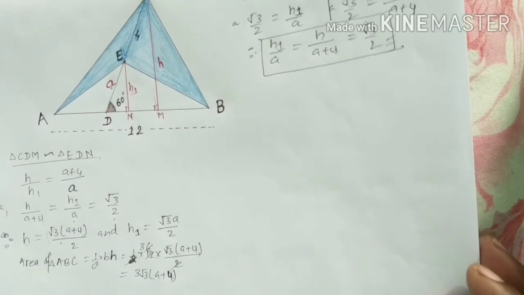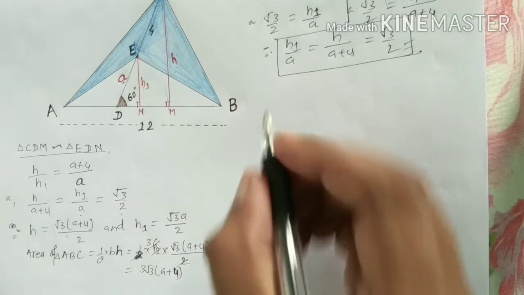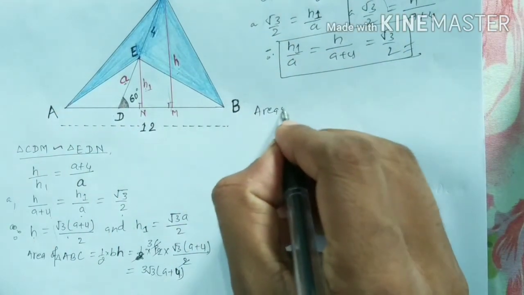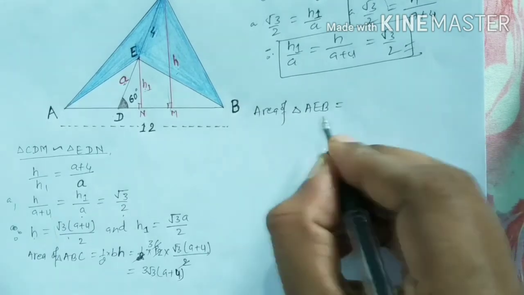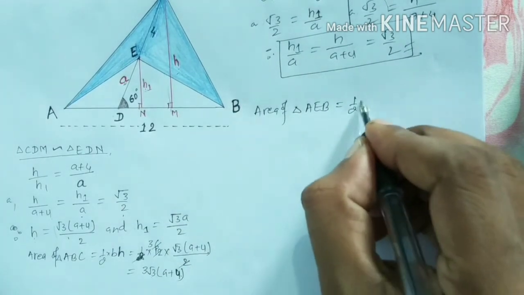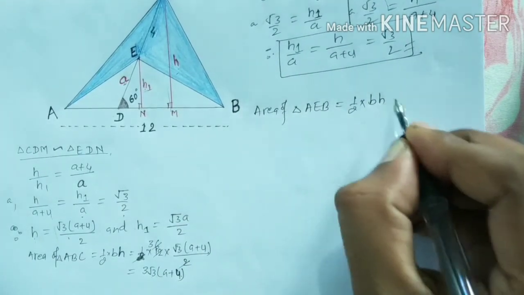Now we can find the area of triangle AEB. So area of triangle AEB is equal to, again we can use the same formula, 1 by 2 times base into height.